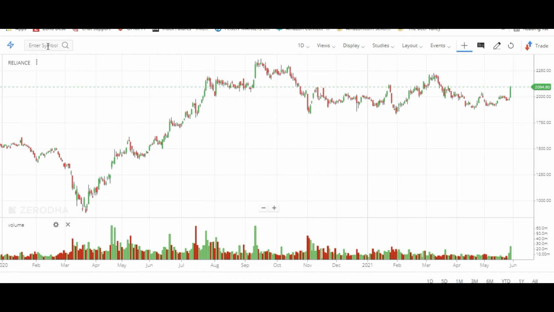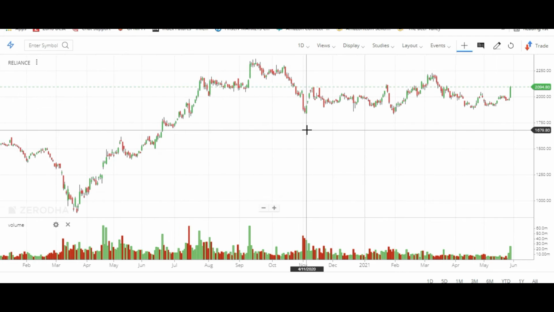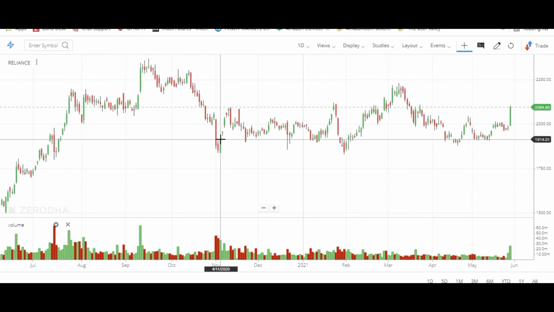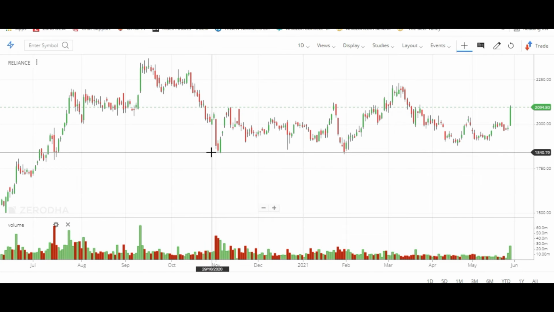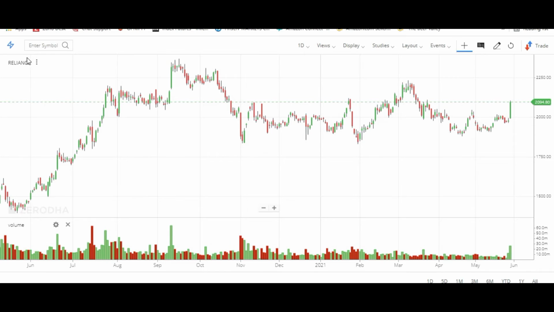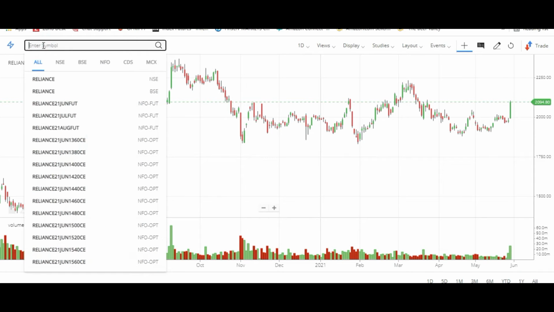If there is a phenomenal sell off at higher price levels, we see some higher price levels here. There has been a fall, and here also good volumes followed by a fall. This is the area where we need to stay really focused and look for a trend change. That is the importance of volume.